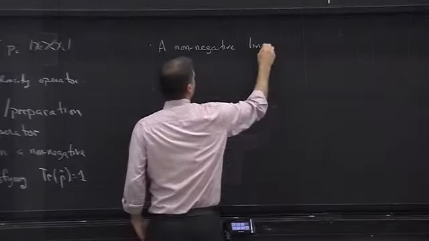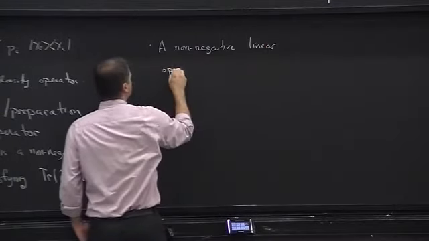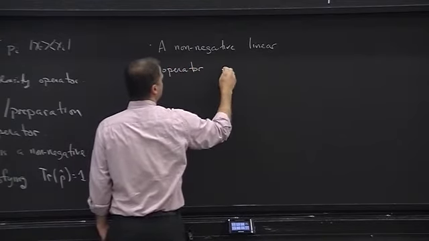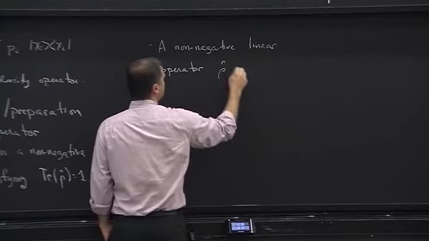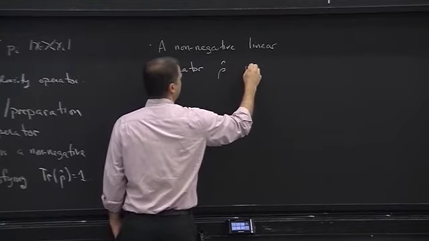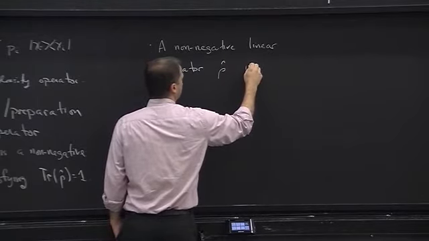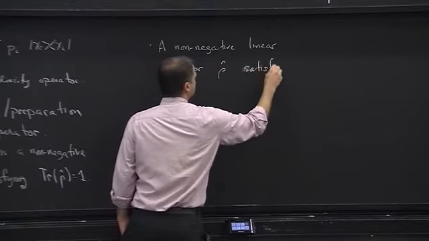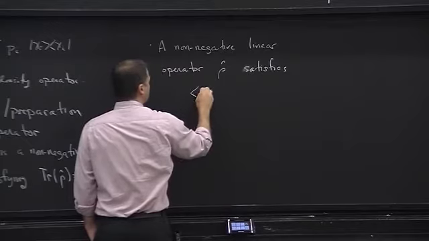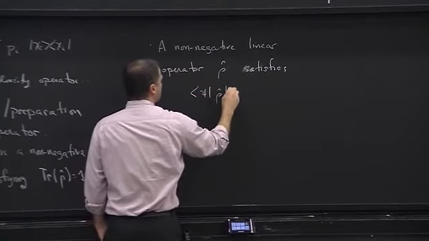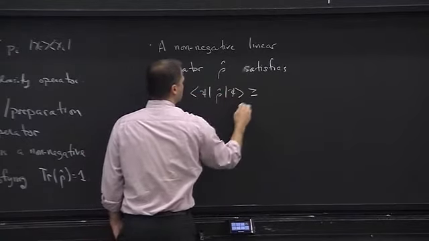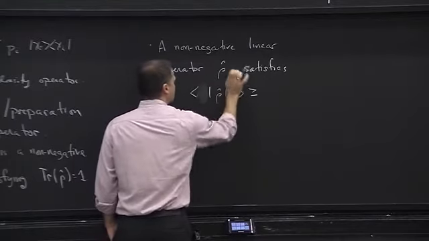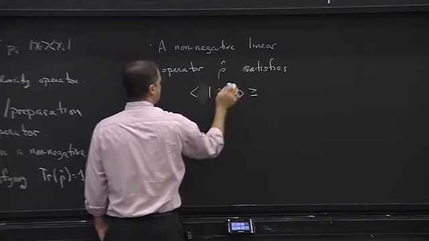So let me just give you a non-negative linear operator, call it rho, which satisfies <omega|rho|omega> is non-negative. Now here, omega doesn't stand for the state. It just stands for some arbitrary vector in the Hilbert space.